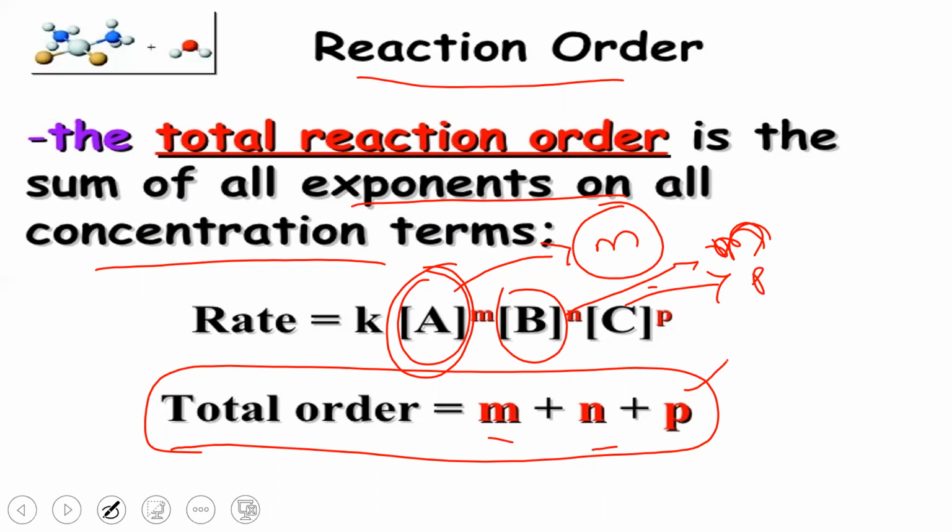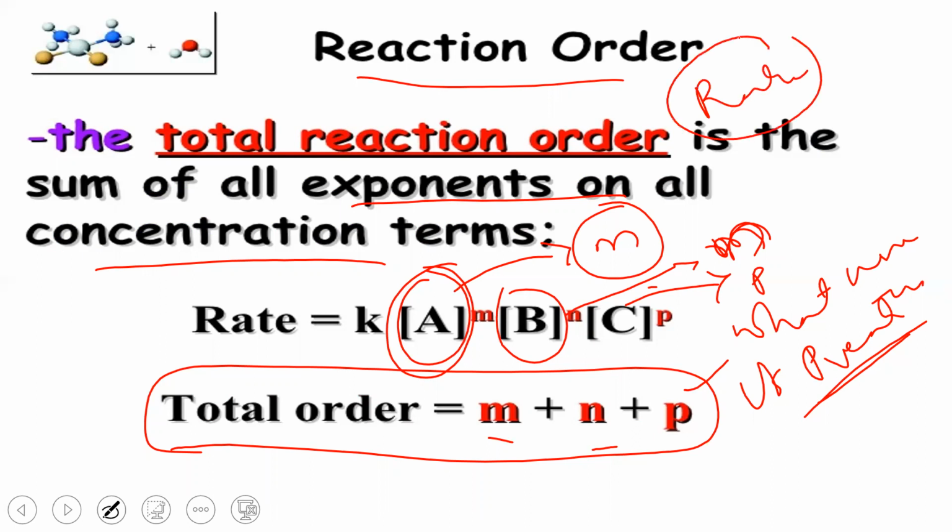Then what is the use of reaction order? The order of the reaction will give information about the rate of the reaction, how it depends on the concentration of the reactants.